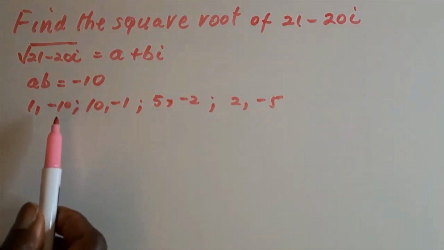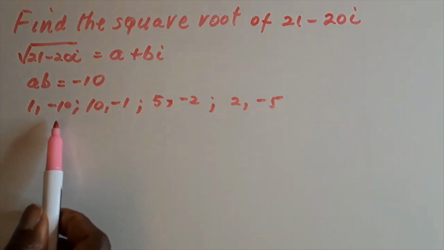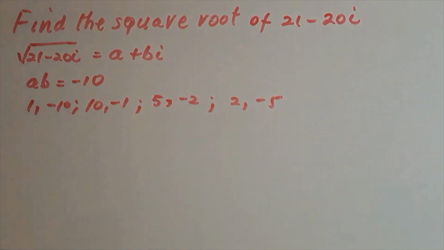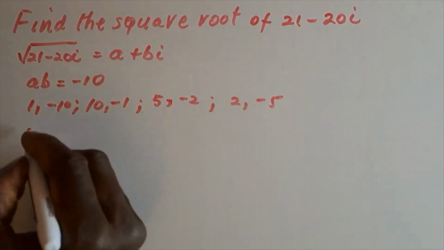It's not possible to have or to choose these first two. Well, it's possible you can choose them, but when we have checked them, they are not valid solutions. So these are the two valid solutions, and I'll show you why.